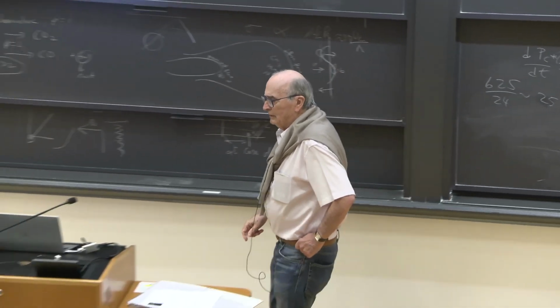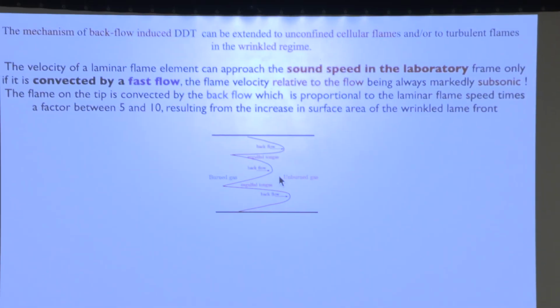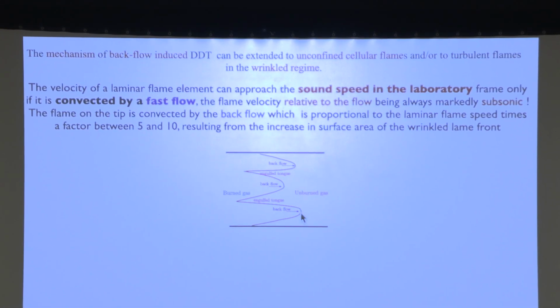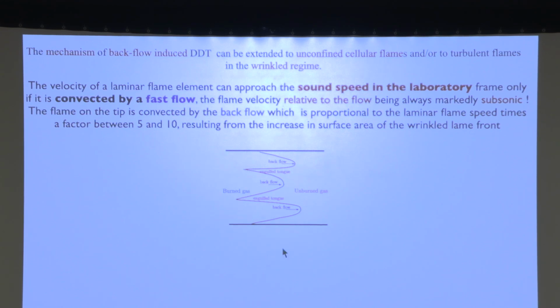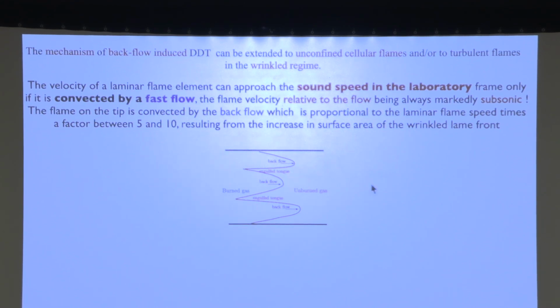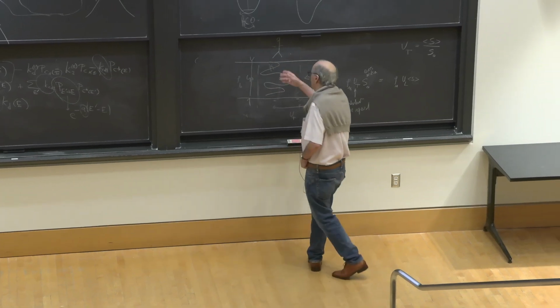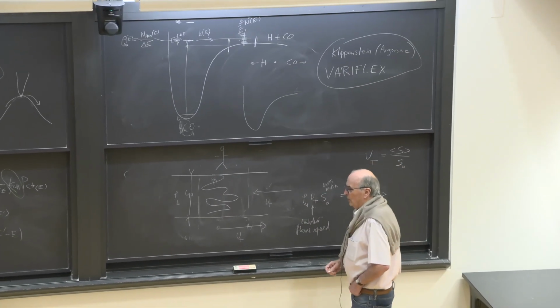Now, to get back to my problem here, on average, this is propagating at a speed which is larger than the laminar flame speed, because this surface is much larger. So this can be large.